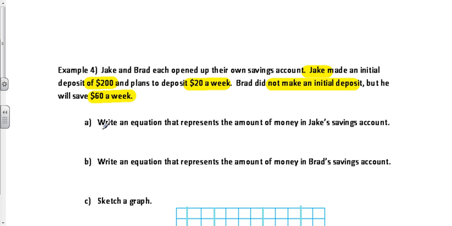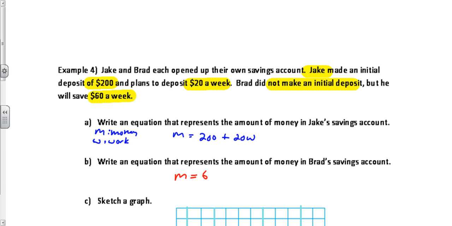Alright, now we'll write two equations. We'll say M for money and W for work. So the money he makes comes from $200 initially put into the bank and $20 per week. And Brad's, same variables.